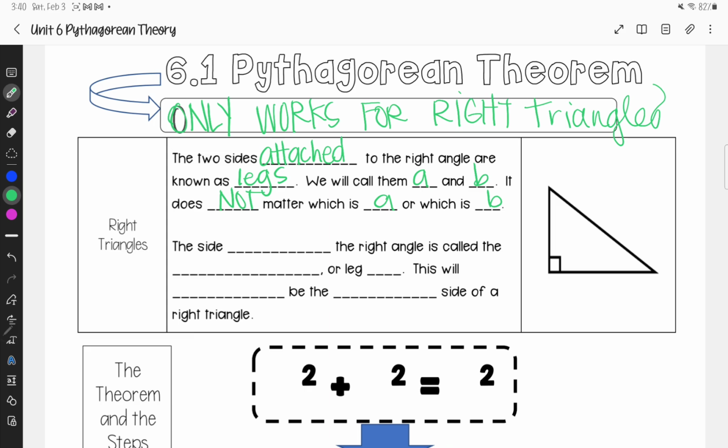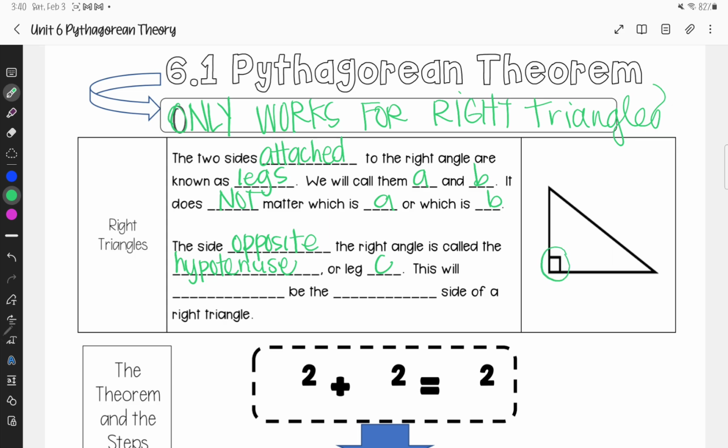So if you remember in the book, you had a side length of 3, a side length of 4, and a side length of 5. 3 and 4 would be our legs. So A and B are interchangeable. The side opposite, or across from the right angle, is called our hypotenuse, or leg C. This is the one that does matter.